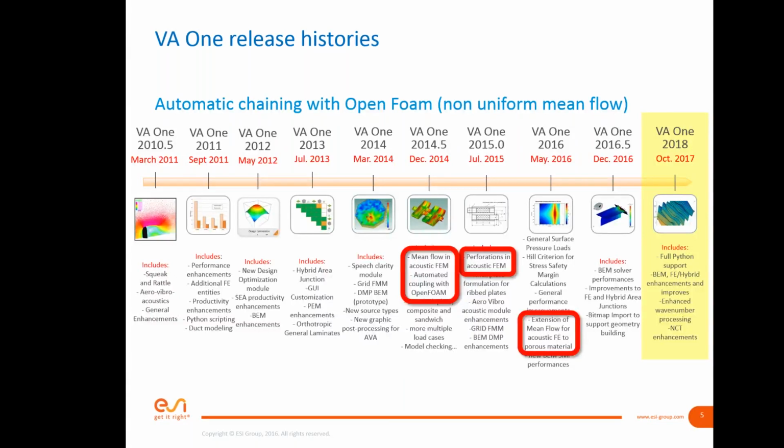It is the ability to take into account the mean flow in the acoustic finite element model with an automated coupling with OpenFOAM, meaning that the user will set the boundary conditions of a CFD computation, like the flow at the input, the output, and some thermal boundary conditions. VA One will automatically create the CFD model, compute it, and gather the results to take into account the mean flow in the sound field propagation inside the finite element model.